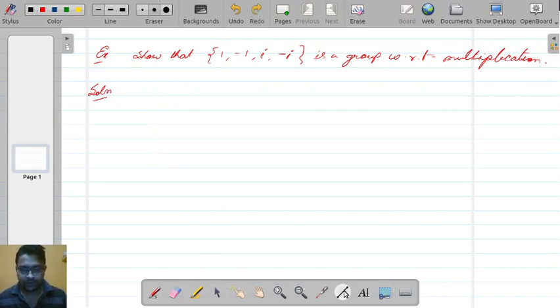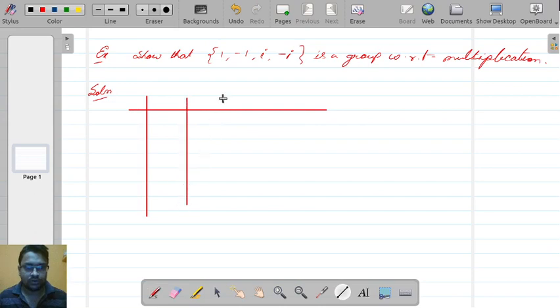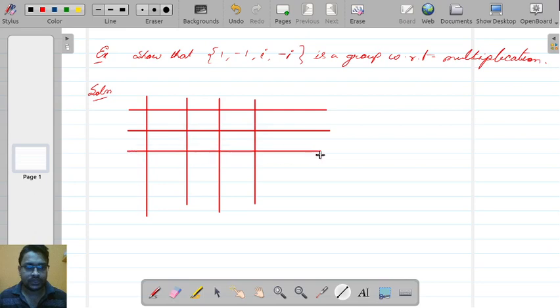We construct this composition table: in each column we write the given numbers, and in each row also we write the given numbers, and then we try to compose them. Composing means finding the product.